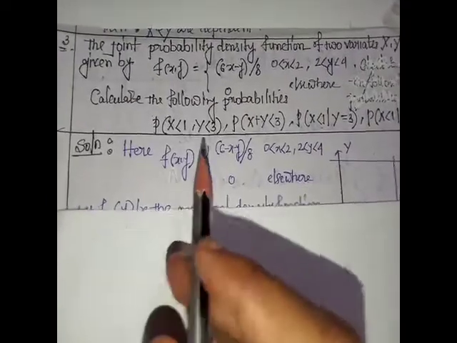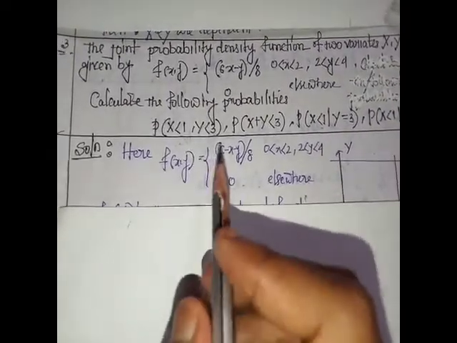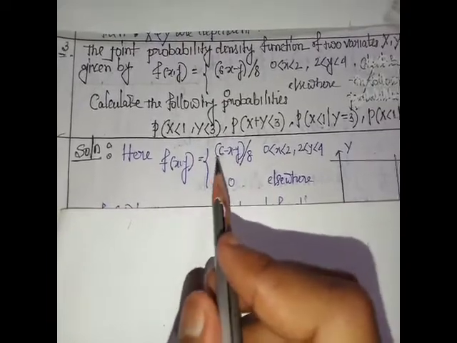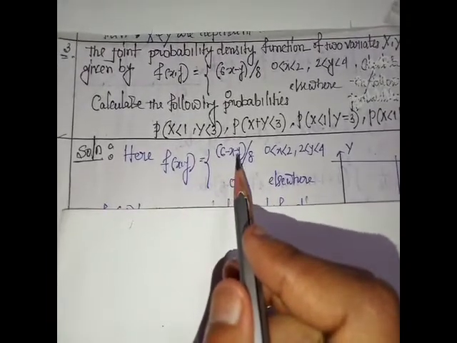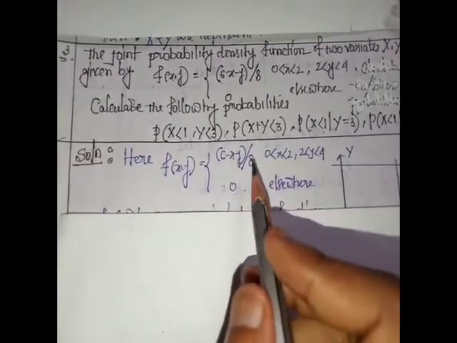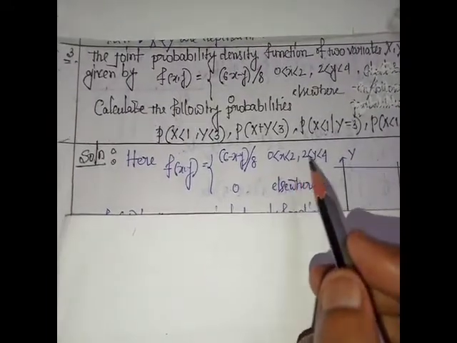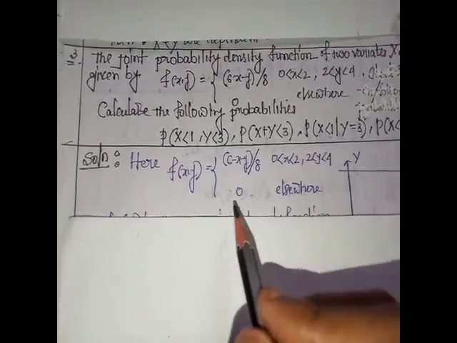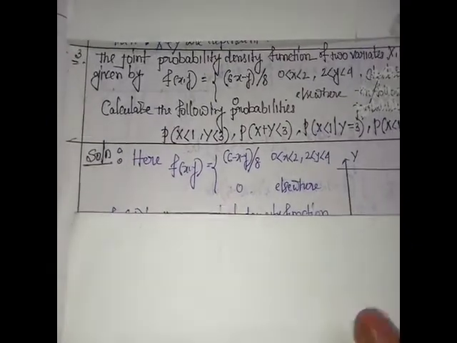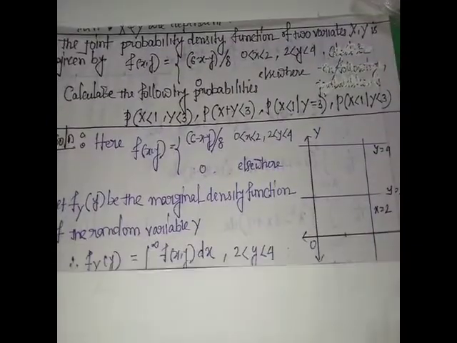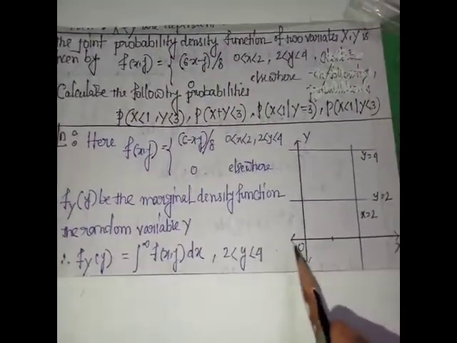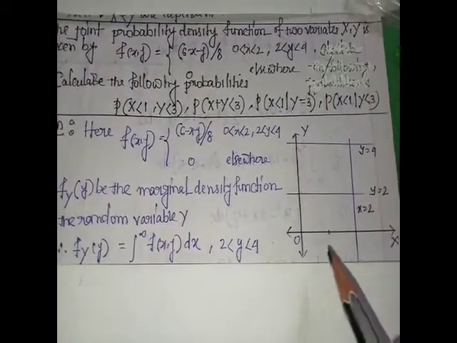So given that the joint PDF is f(x,y) = (6 - x - y)/8, 0 < x < 2 and 2 < y < 4, and 0 otherwise. First we draw this figure. This is the x axis, this is the y axis.